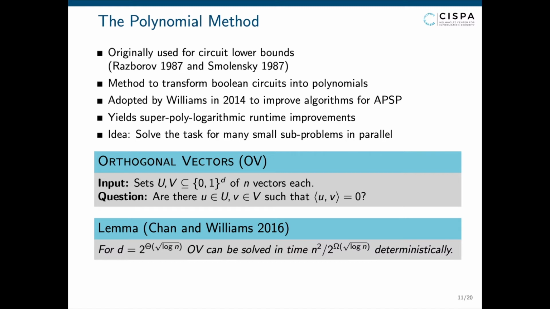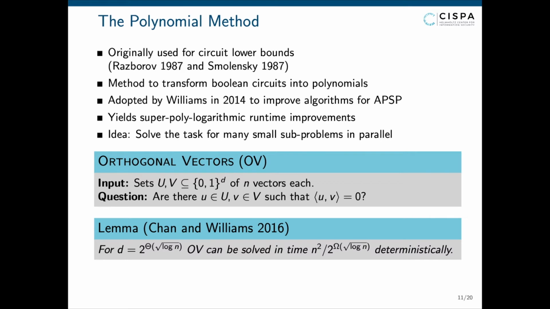For this, we are given two sets U and V of binary vectors in d dimensions. The question is whether there's a vector from each set such that both vectors are orthogonal. So for each dimension, there's one vector where the entry is 0 in this dimension.